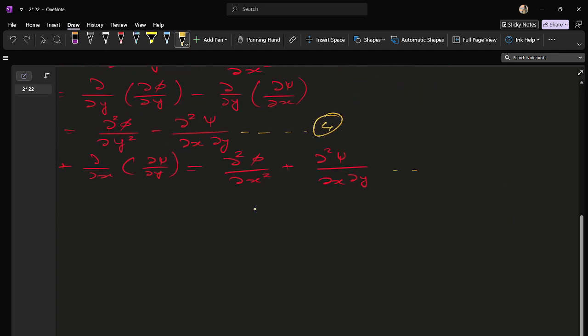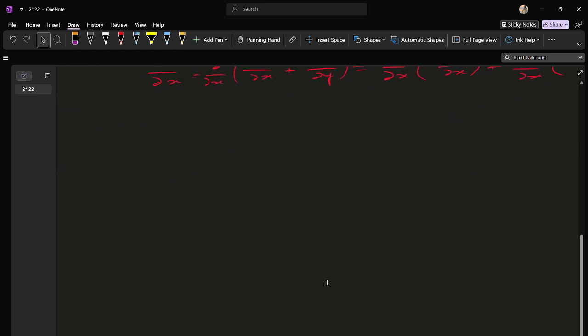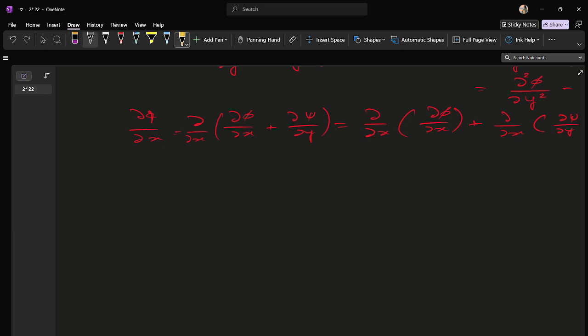This equation will be number 5. Now we will have another equation that will come from del q by del y, and the same distribution will happen here also.